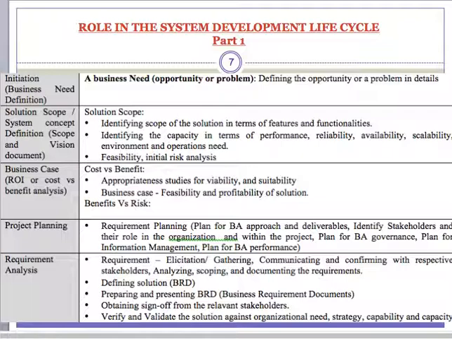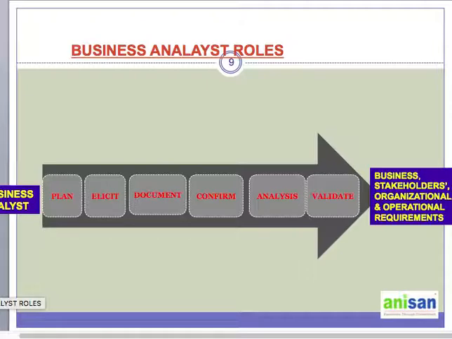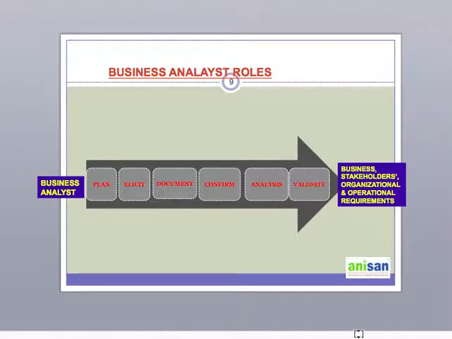Now these are the two slides I would like to go through at a later stage once we do the SDLC. Let me give you a bit of a high level. This talks about the project life cycle in a very linear format.